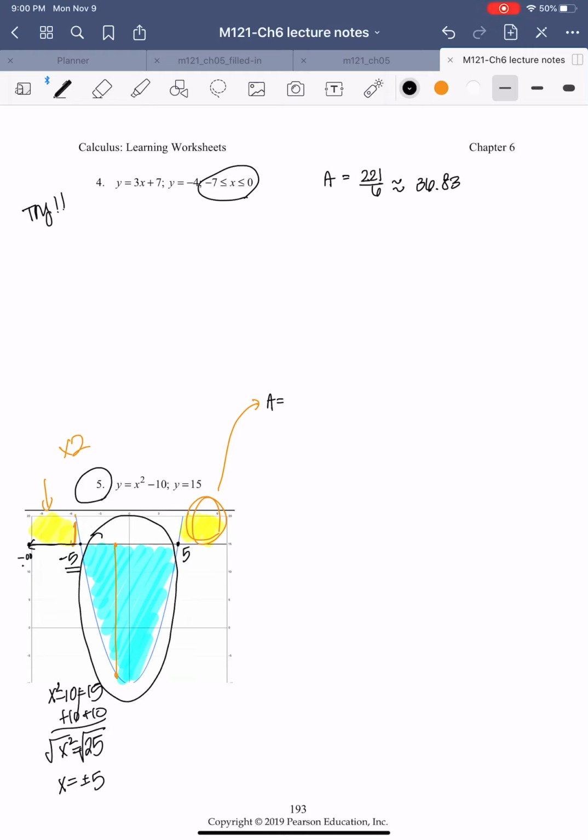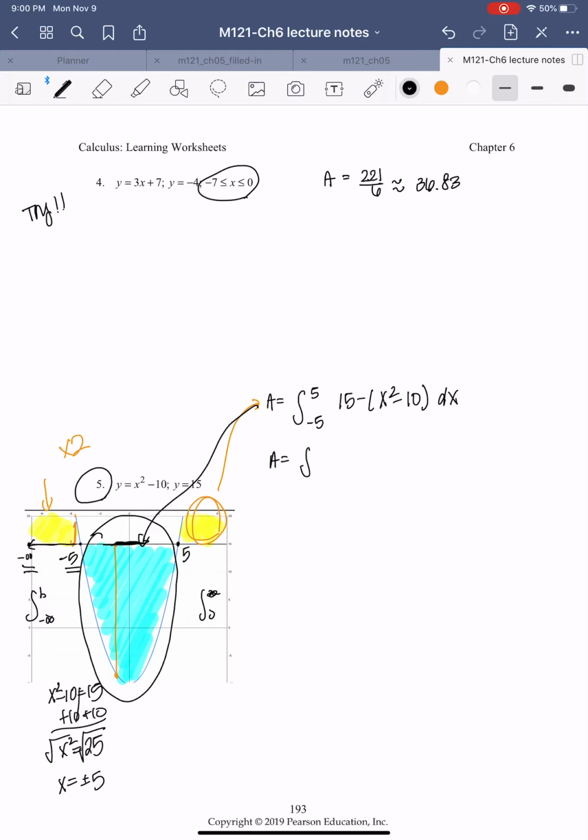Later on, we'll learn the infinity, going all the way from 0 to infinity or negative infinity to some b, okay? But for now, we didn't learn infinity, so I'm going to only calculate this blue area. So that will be the integral from -5 to 5, and the top curve is 15, subtract x squared minus 10, dx.